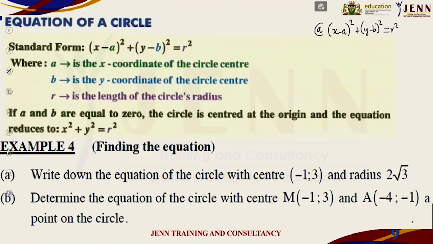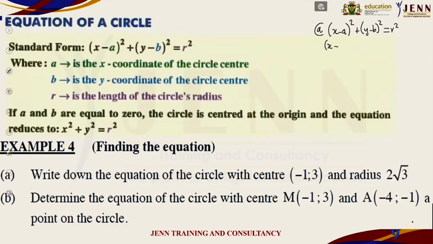So we are going to substitute. We are going to have (x - (-1))². The x coordinate of the center is not 1, but it's -1, so that 1 must come with its own negative. Don't make a mistake and put a 1.